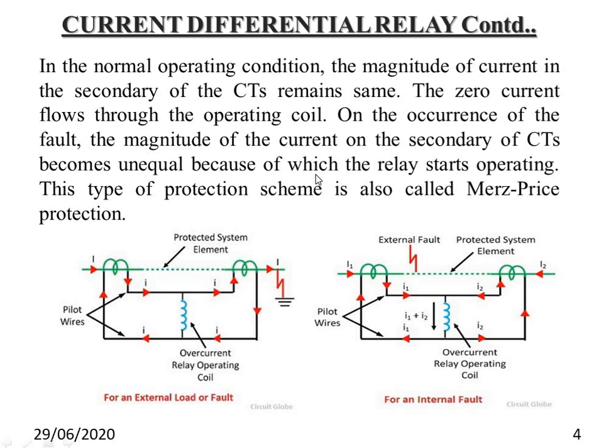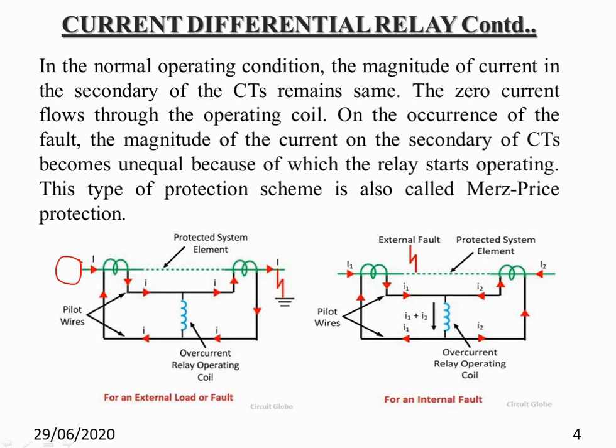Now first come to the external fault. You can see in this diagram, this dotted line is the protection zone. Two CTs are connected. Suppose we assume that these two CTs are identical, that means the saturation of these two CTs is identical. Now if any fault occurs, that is a through fault or external fault, suppose the source is fed from one end.